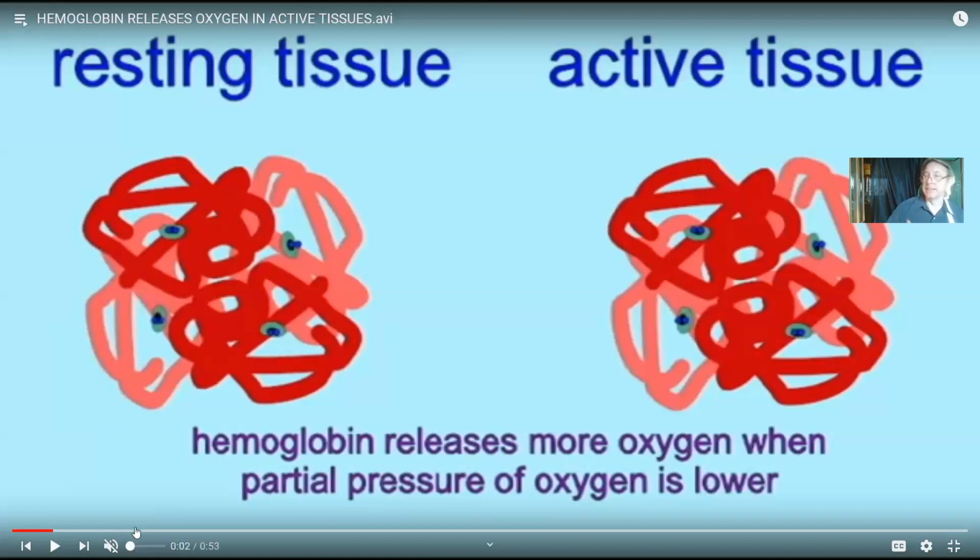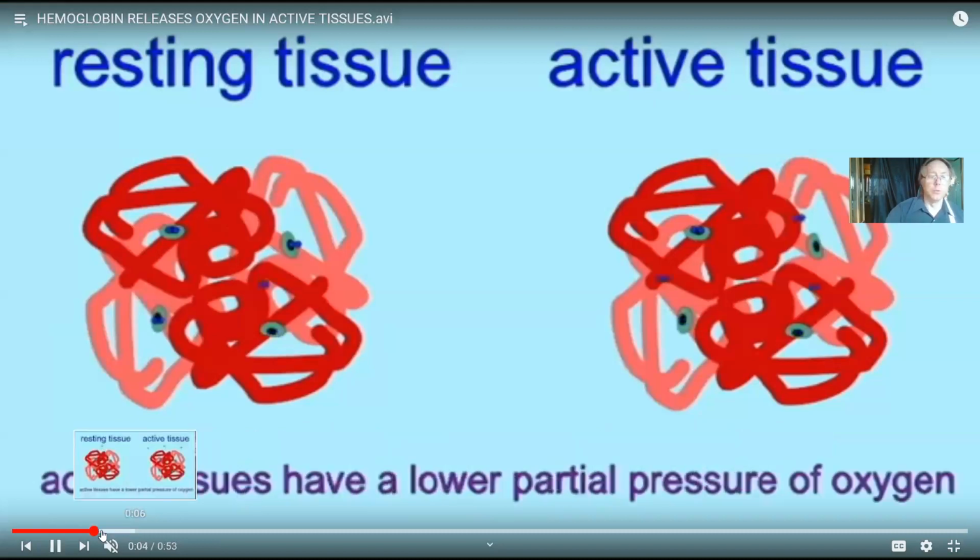And so this is what the body wants. You want oxygen to go to where it is needed. So notice that the active tissue lifting the chair gets more oxygen than the resting tissue because of a lower partial pressure of oxygen. But wait, there's more.